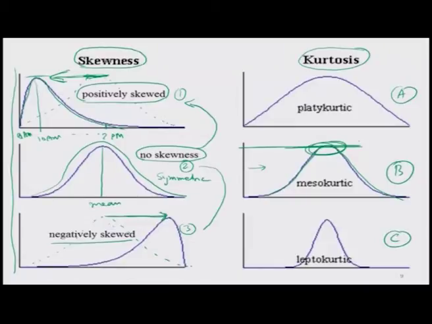Now, there can be 2 options. This hump can be higher than this, or this hump can be smaller than this. This characteristic of looking at the hump of the curve is studied through the concept of kurtosis.